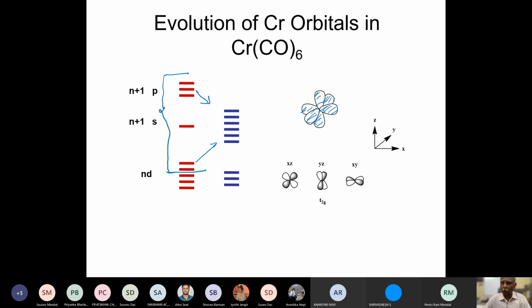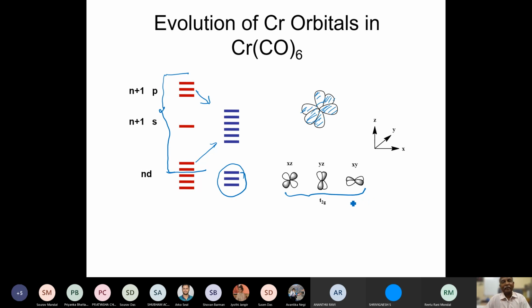In order to form 6 vacant orbitals, I leave behind what's called the T2G set of orbitals, which you're all familiar with from coordination chemistry, valence bond theory and crystal field theory. The T2G set are the dxy, dyz, and the dxz orbitals.